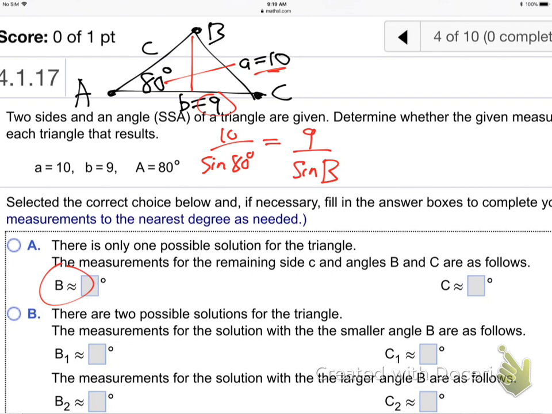You can use your calculator, right? Solve that. Do the cross multiply. Solve for capital B there.